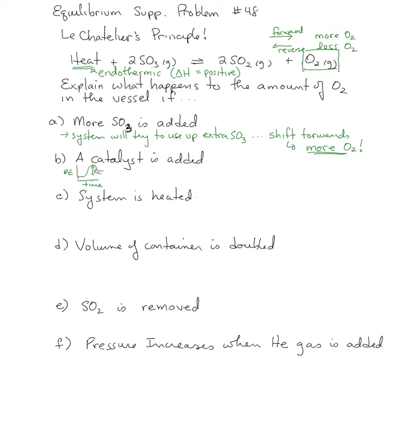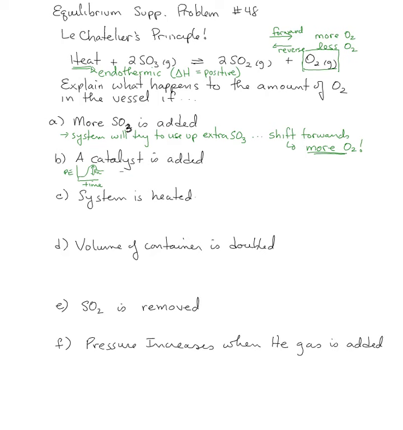If the catalyst lowers the EA, then it's going to speed up the forward direction, definitely, but it also speeds up the reverse direction because both the forward and reverse EAs will be lower in the presence of a catalyst.